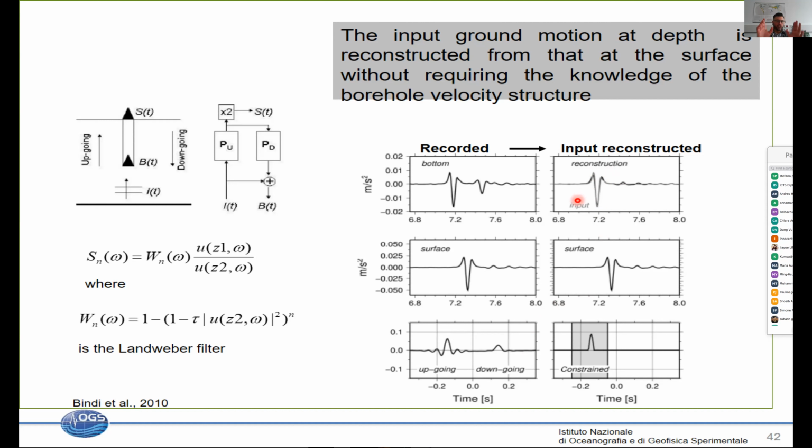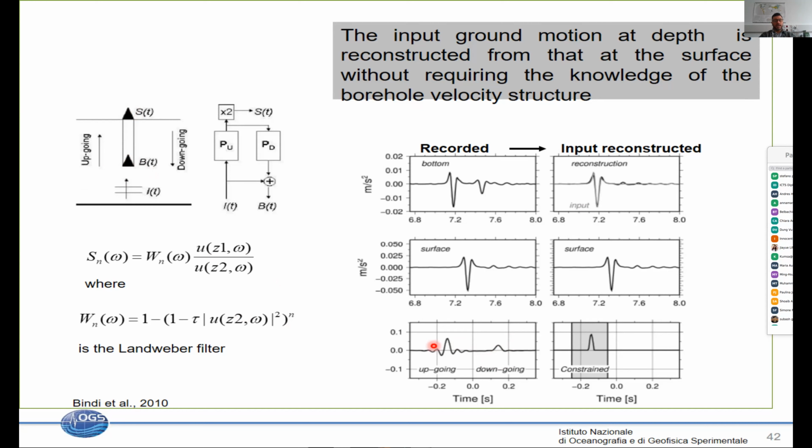So you don't have to enter too much into the details of this. What is important to know is that if we have these two recordings, even without knowing the velocity structure in between, but simply using this method, we can retrieve the input motion here, simply removing, let's say, the causal part from the deconvolved wave fields that we have obtained from the deconvolution of the recordings at the surface and in the bottom.